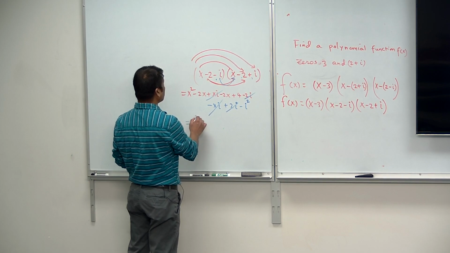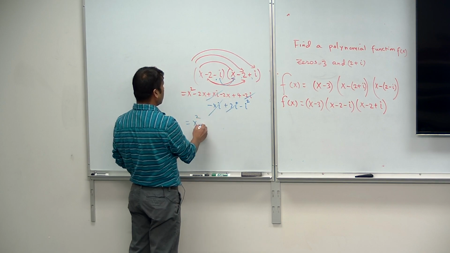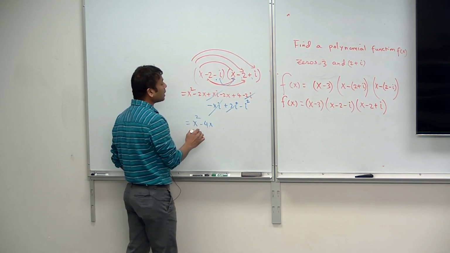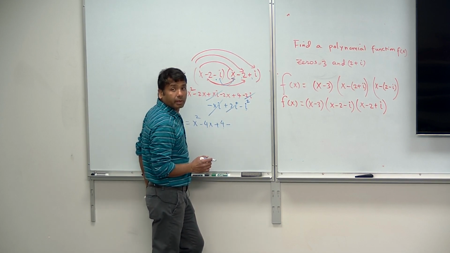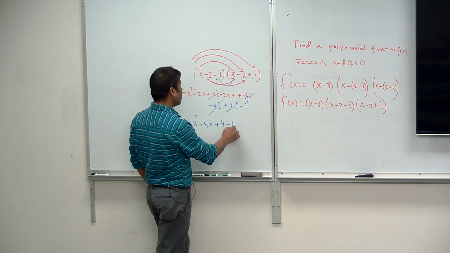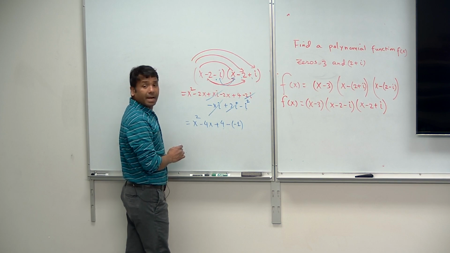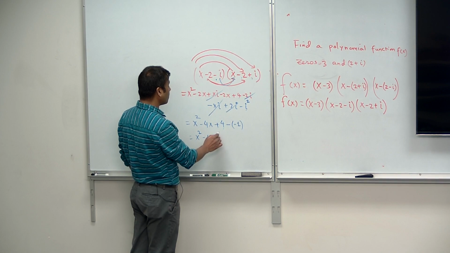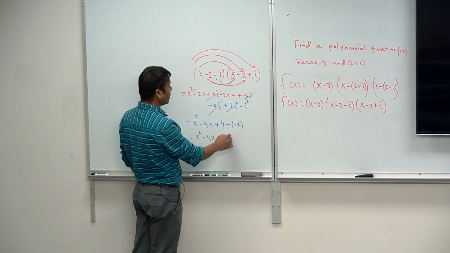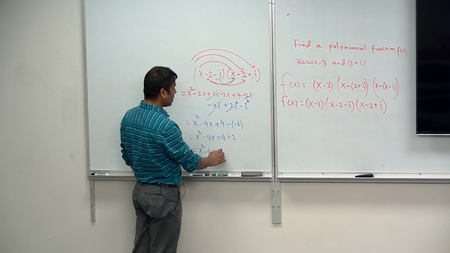And then let's simplify this. So this is going to be x squared, negative 2x, you combine them, so this is negative 4x. This is 4 minus, what is this i squared? This i squared is negative 1, right? So this is x squared minus 4x plus 4, and negative times negative is positive 1. So x squared minus 4x plus, what is 4 plus 1? 5.